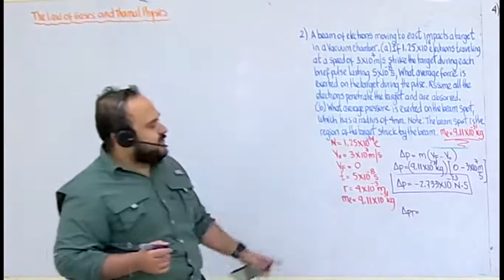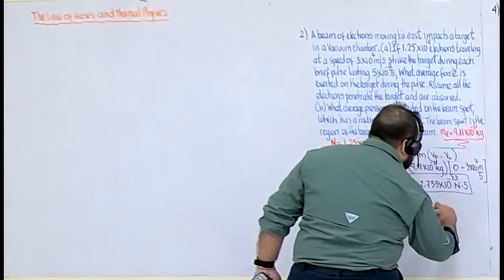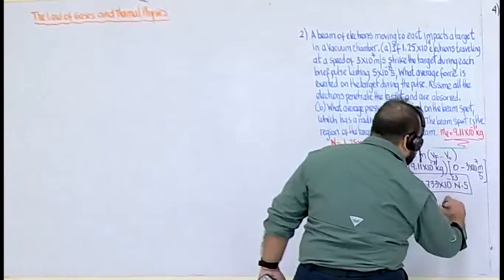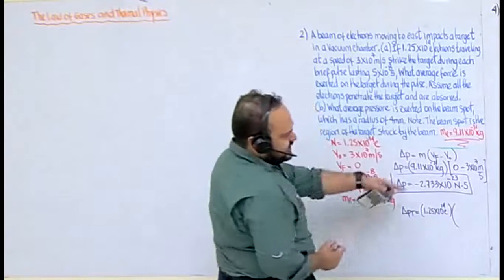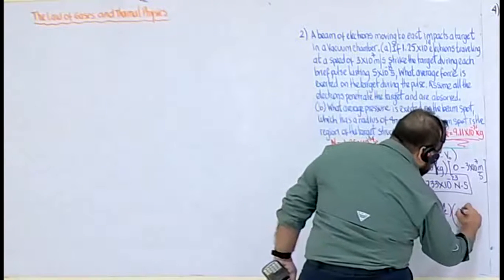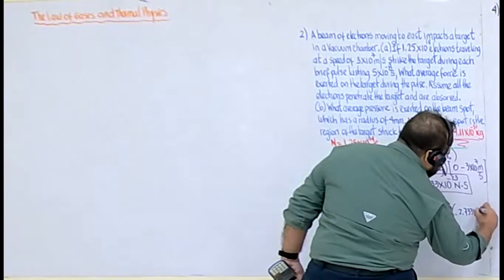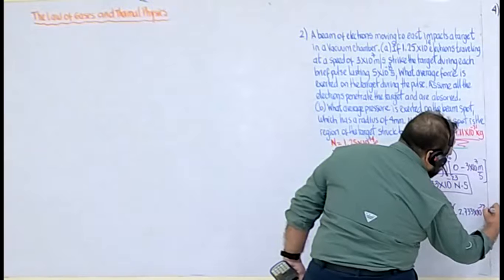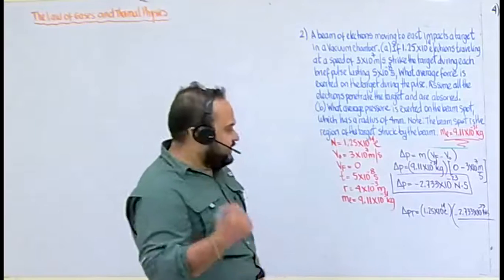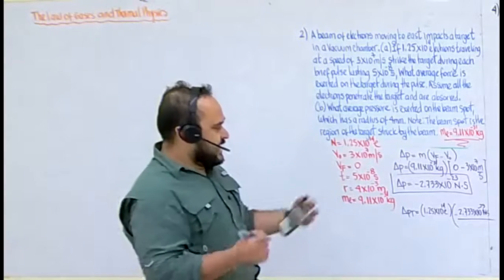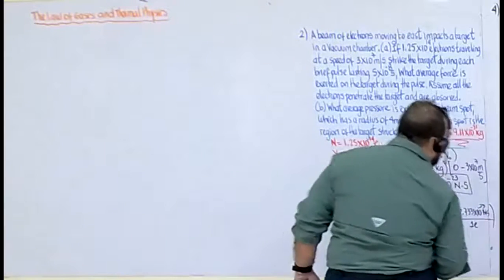For this total change of the impulse, I'm going to multiply 1.25 times 10 to the 14 power electrons by this impulse, negative 2.733 times 10 to the negative 23 newton seconds per electron, for every electron that we have.